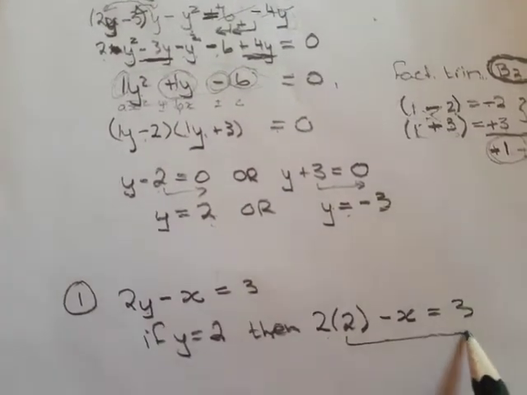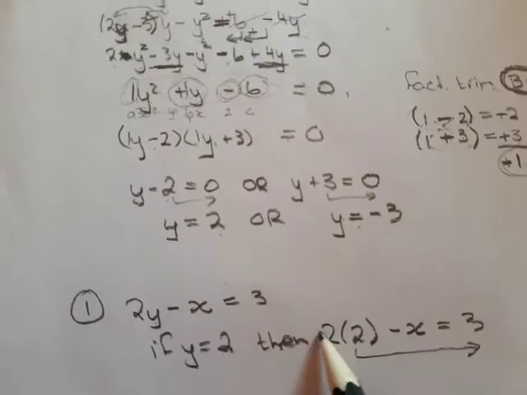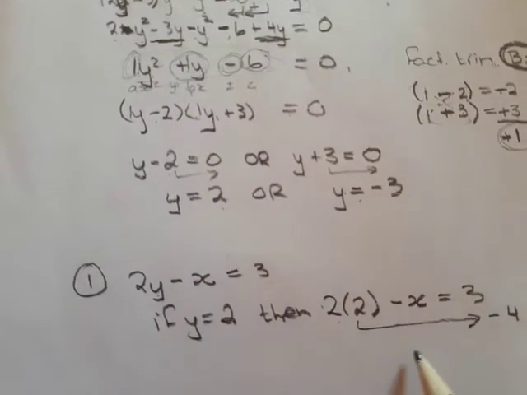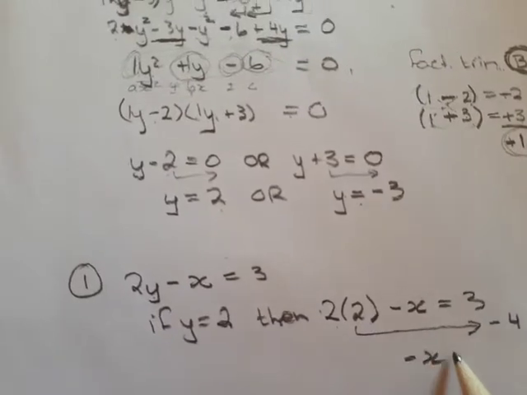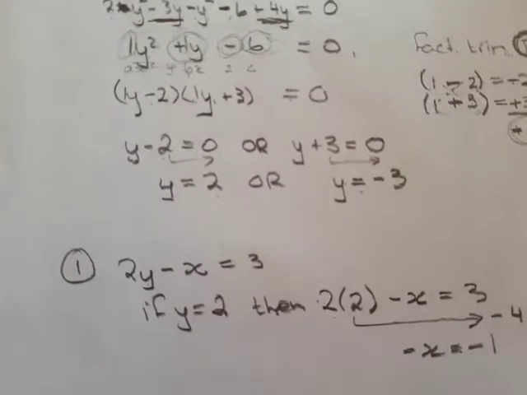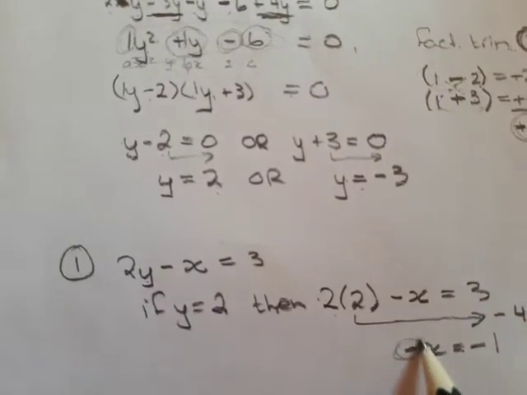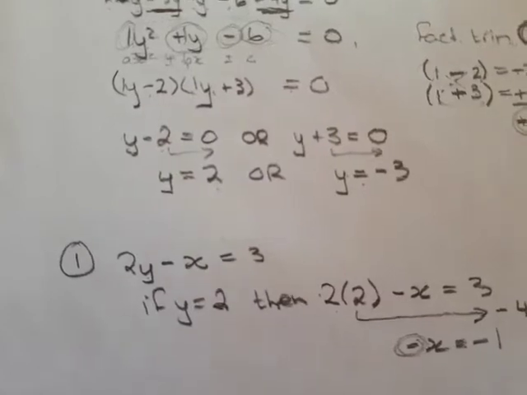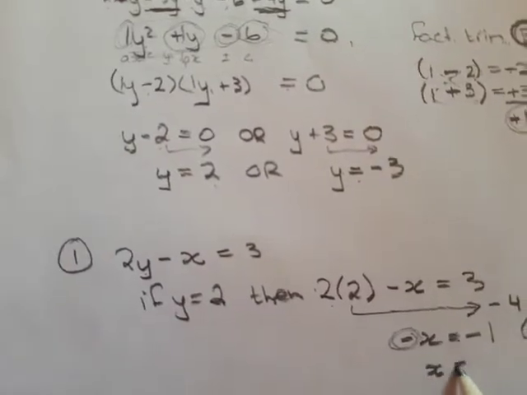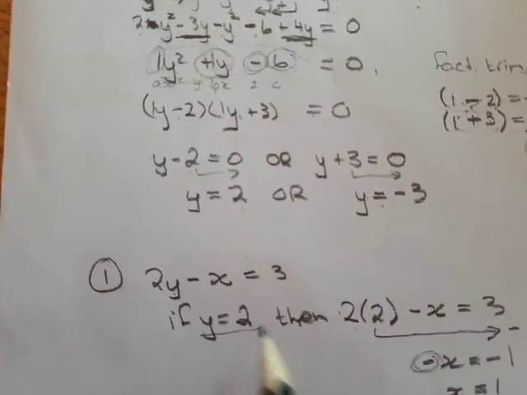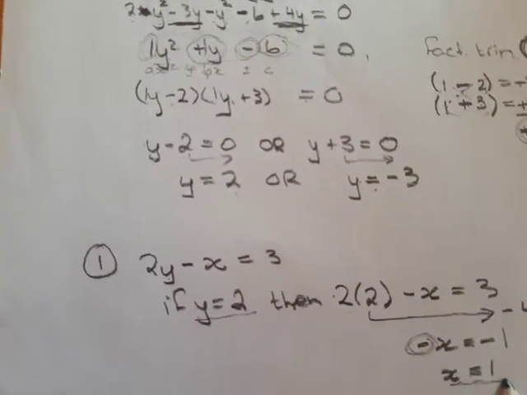So I will move the positive 4 over because it's positive here. It will become negative there. So then I've got minus x equals 3 minus 4 is minus 1. And then because we never leave a variable as a negative, you again multiply the whole thing by minus 1, which gives you x equals 1. So importantly, people, if y is 2, then x equals 1.